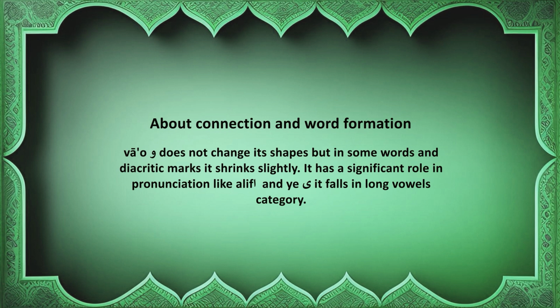It has a significant role in pronunciation, like alif and ye. It falls in the long vowels category. So like alif and ye, it works as a long vowel alphabet.